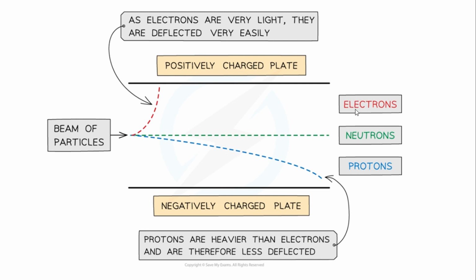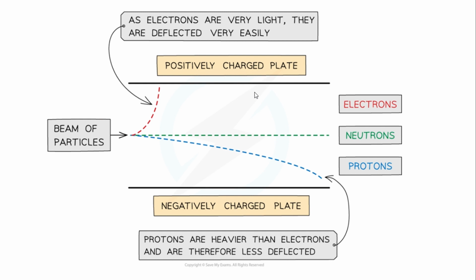When a beam of electrons is fired past the electrically charged plates, the positively charged plate over here and the negatively charged plate over here, the electrons are going to be attracted to the positively charged plate, as we can see. Why is this? Because negatively charged electrons are attracted to a positively charged plate.